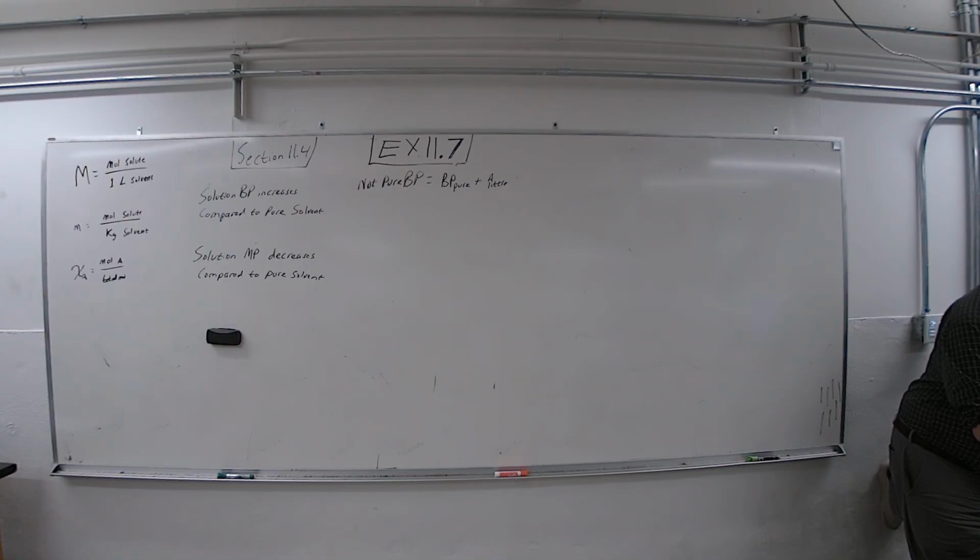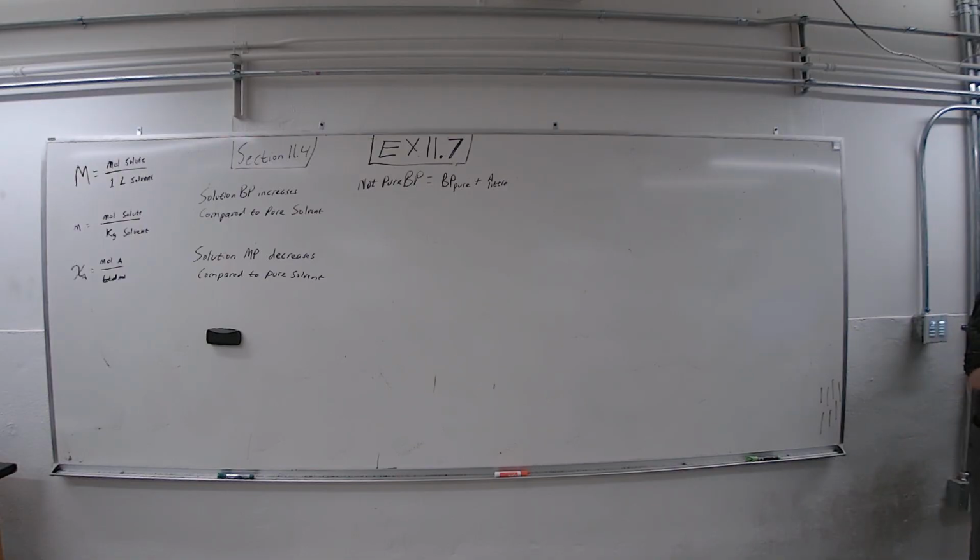So it's this chart I'm looking at. But this book is not really about telling you information you need to know. So this is 11.7. I would rephrase this as, assume ideal solution. Ideal solutions are basically really, really dilute solutions. You only have a tiny amount of solute in the solvent.